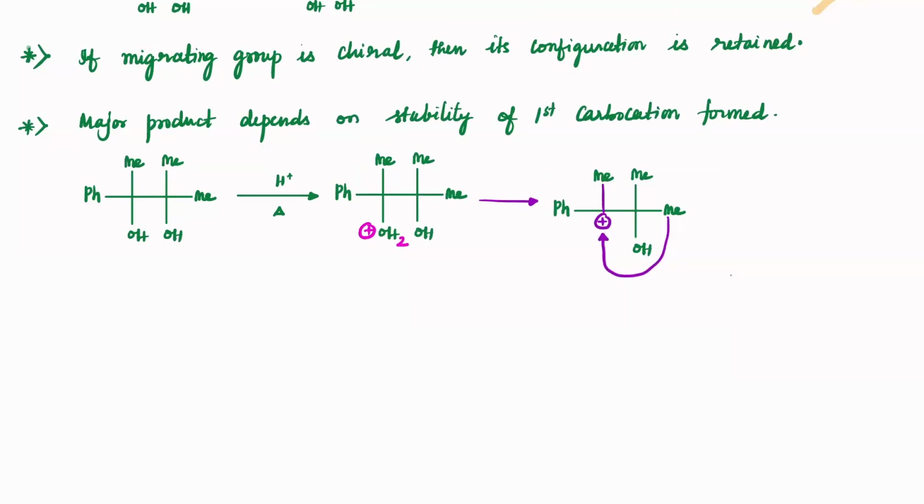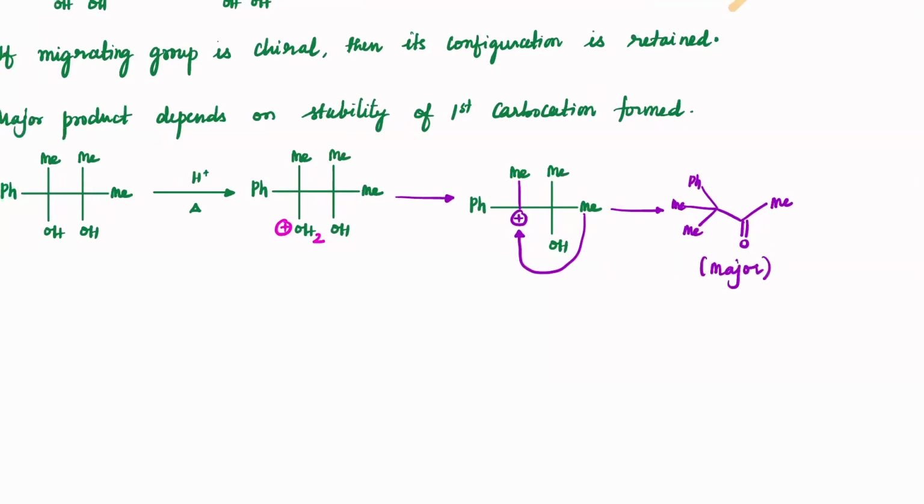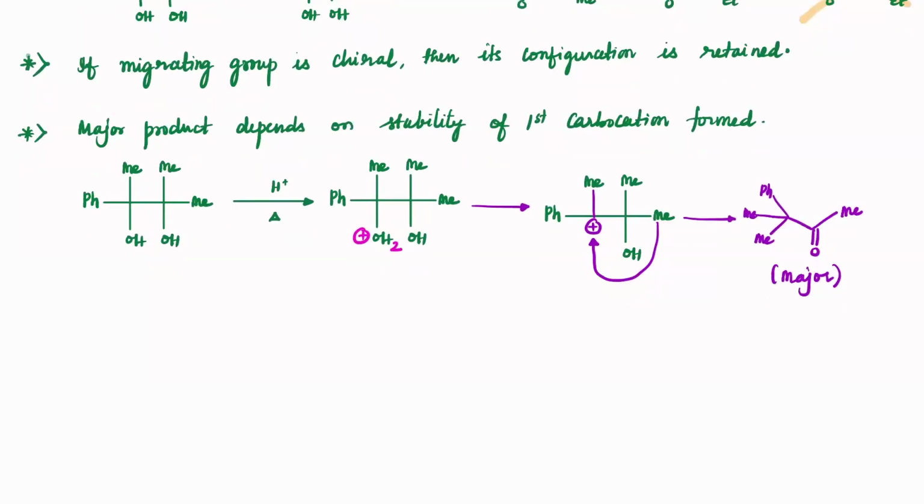After migration, you have a product like this: double bond O, methyl, phenyl, methyl, and methyl. This will be the major product. That is what we are trying to understand: the major product always depends upon which side you are getting the most stable carbocation to start with.